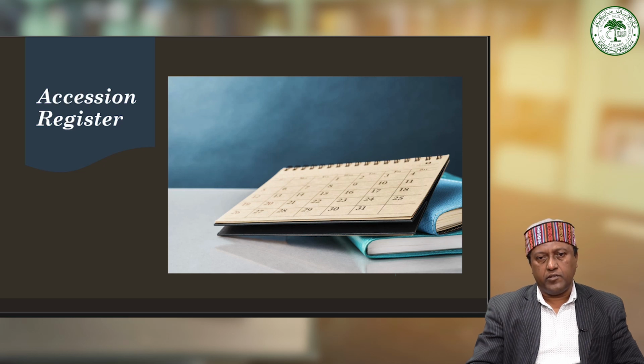The standard size of an accession register is 16 inches by 13 inches. Additionally, it aids in stock verification and shelf rectification by providing a comprehensive record of the library's acquisitions, enabling the identification of missing or misplaced items. So it is the permanent record of the library.